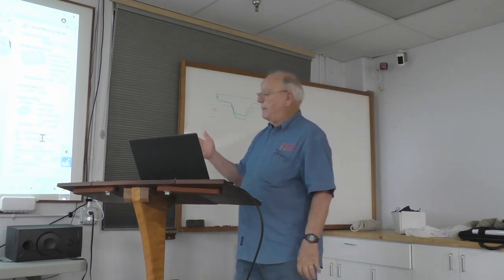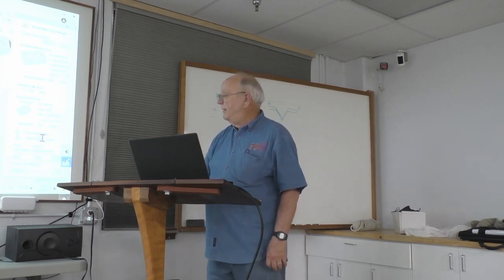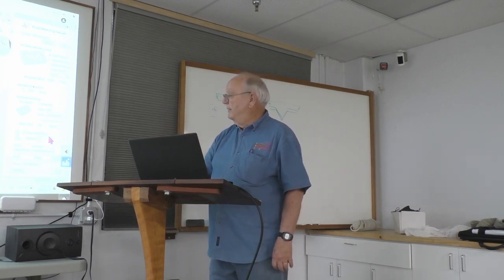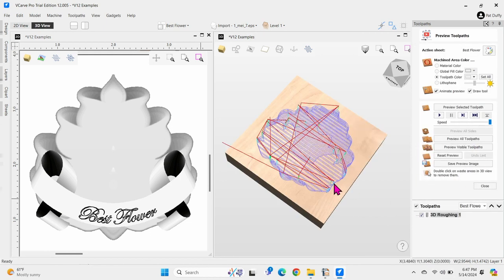So you're not tearing out a lot of material on this one, each one. So I would disregard the plunge ramp plunge moves on it. And so you say calculate, and it looks good to me, just like I would.